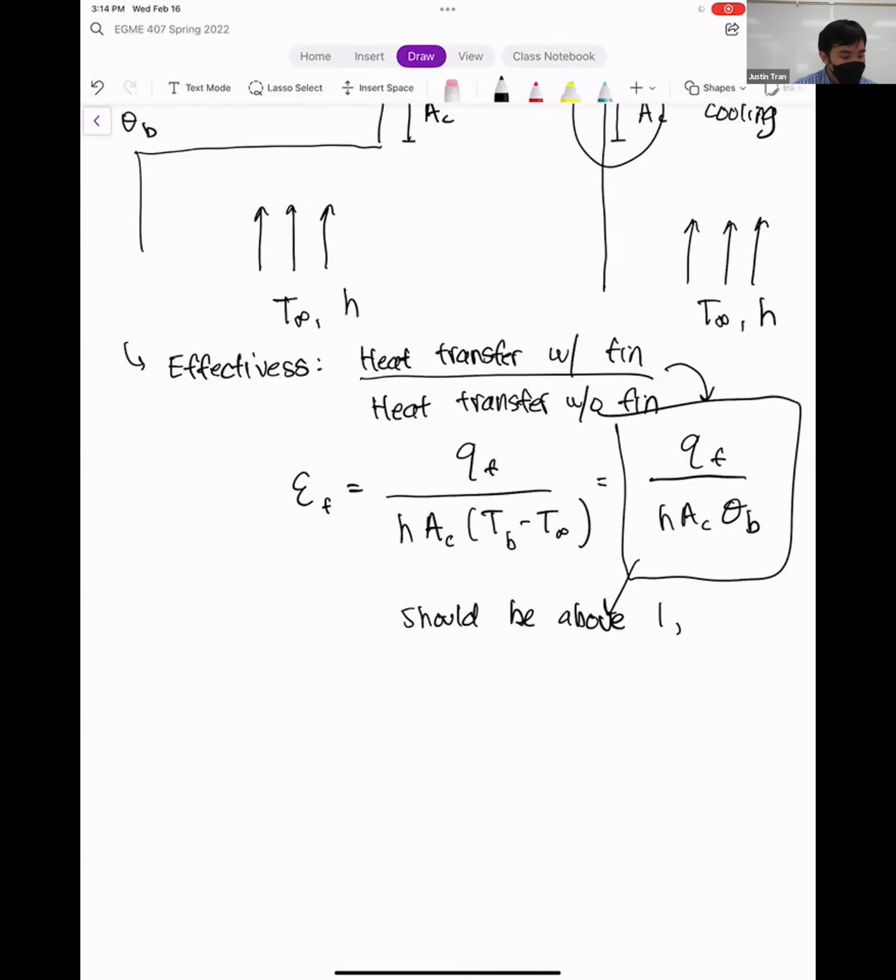So at the very least, effectiveness should be above 1, but certain situations will want higher effectivenesses based on the application. So it depends on the application, but ideally, if you can get an effectiveness of 2, saying that your fin is twice as effective as having no fin, that's usually pretty good.